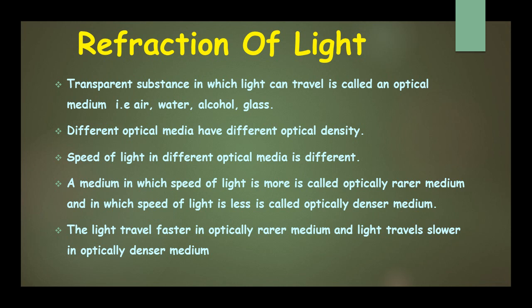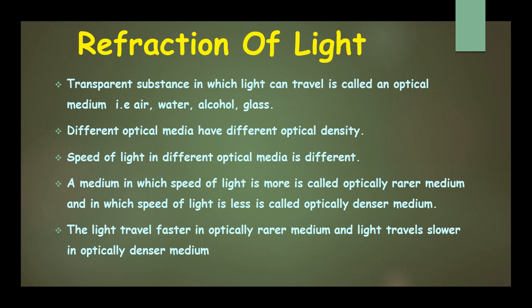So, any particular medium is not denser or rarer by itself. The comparison will tell us which medium is denser and which one is rarer. Suppose you are comparing water and air. Here we can say that air will be treated as the rarer medium and water is the denser medium as compared to air.